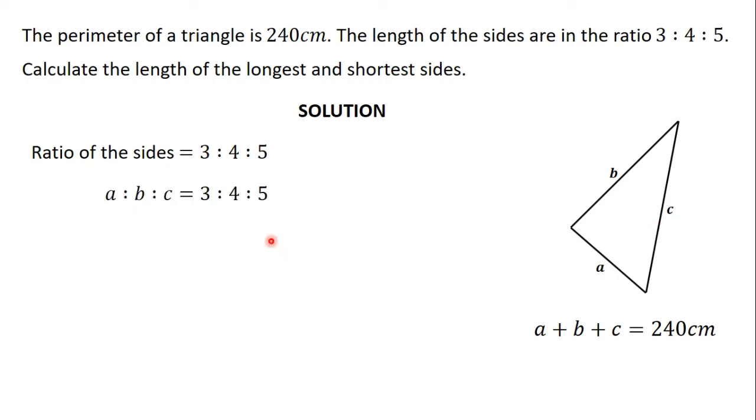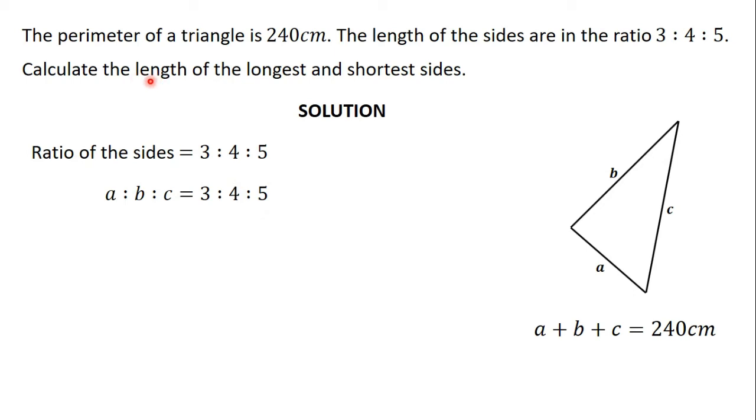So the shortest side of the triangle, which is A, corresponds to 3, which is the smallest part of the ratio. The longest side of the triangle, which is C, corresponds to 5, which is the biggest part of the ratio. And the other side of the triangle, which is B, corresponds to 4. So A, B, and C are in the ratio 3:4:5.